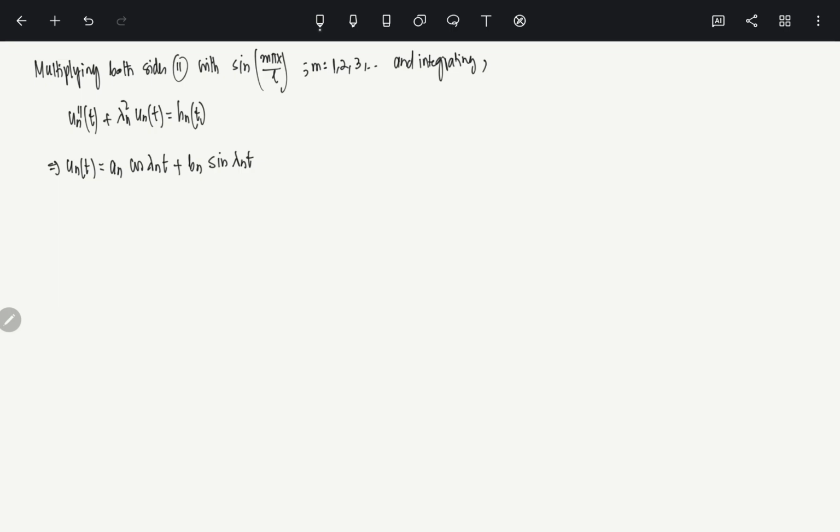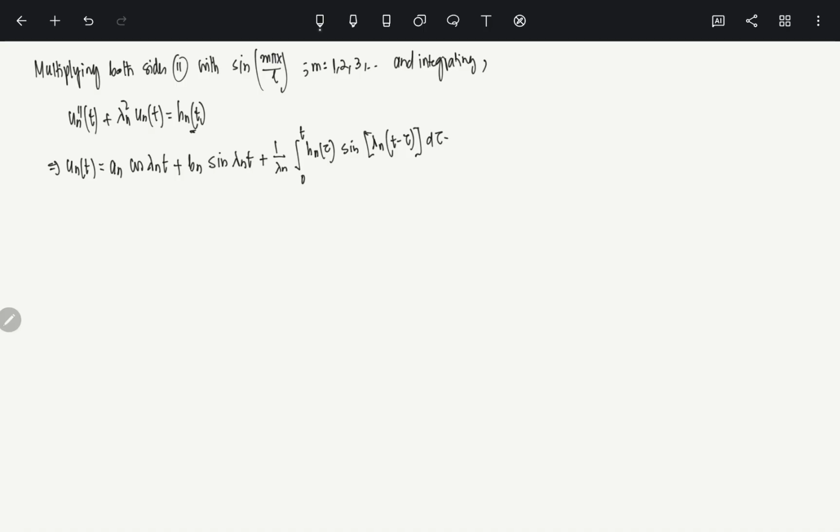And then there is another part here, because of this thing, you remember your ODE, right? It is 1 by lambda n times the integral from 0 to t of hn of tau sine of lambda n (t minus tau) d tau. Is it okay? Okay.